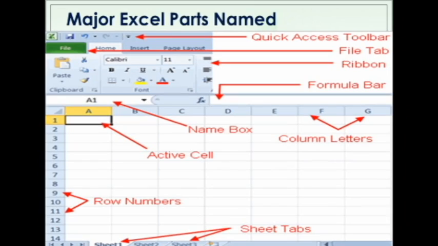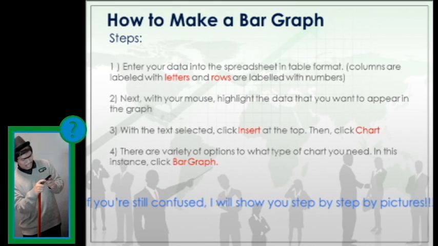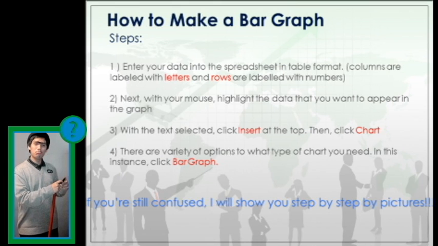Now why don't you take a look at the major parts of Excel? Yeah, look at that. Look at those labels. Stuff on the screen. Now, how do you make a bar graph? Step 1. Enter your data in the spreadsheet in table format, with letters and rows labeled.